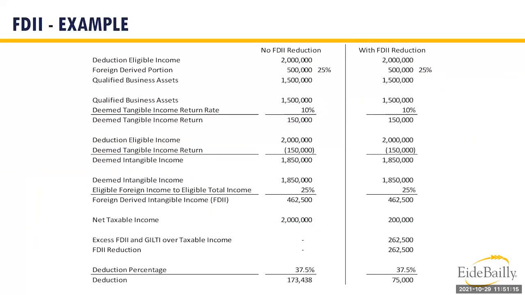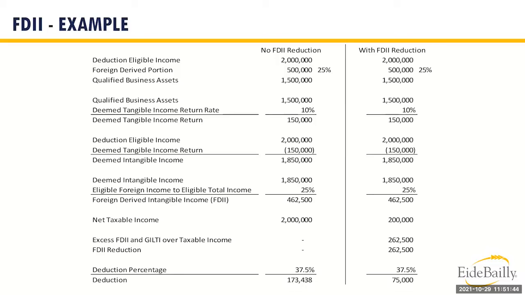As an example, we want to walk through the basics of the calculation for FDII, just to show how the benefit works out. You can see we have two columns here where there's no FDII benefit reduction, and the column on the right does show reduction in the benefit, just to illustrate how it won't drive you all the way down to zero necessarily.